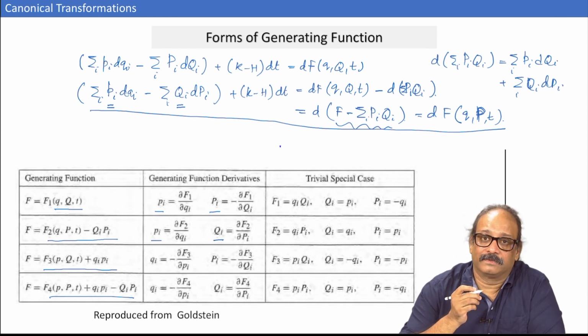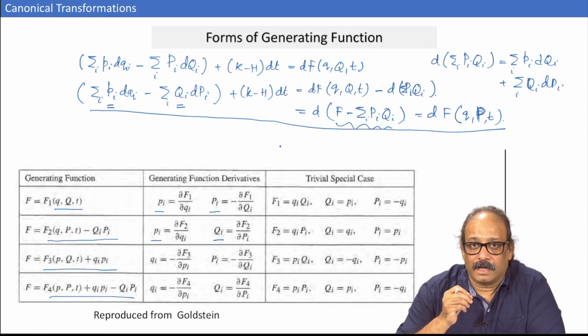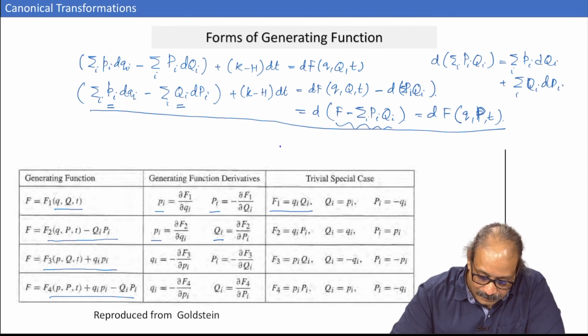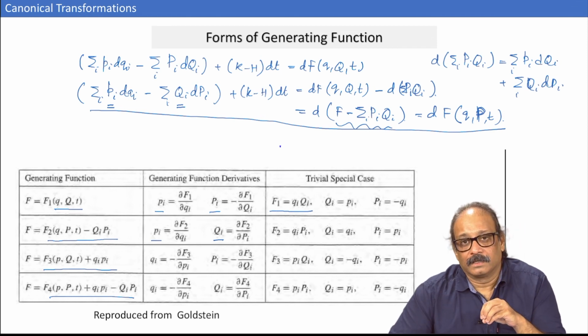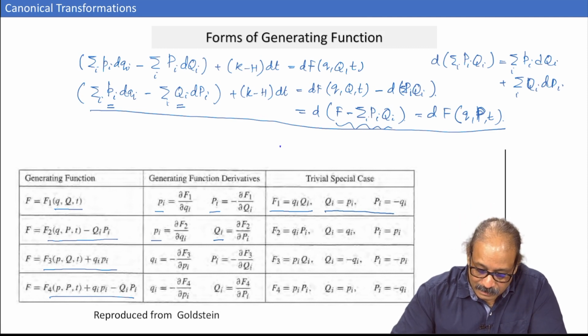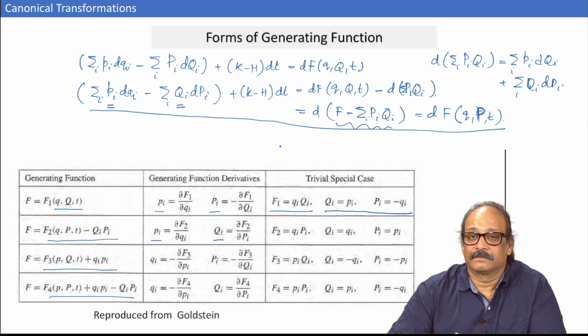And in each one of these cases, what is given here is a trivial generating function. In the trivial generating function, look at the first one. If I take F1 as sum over i of the product of q_i and capital Q_i, then the transformation equations are these.